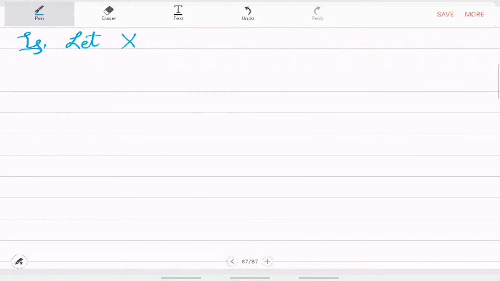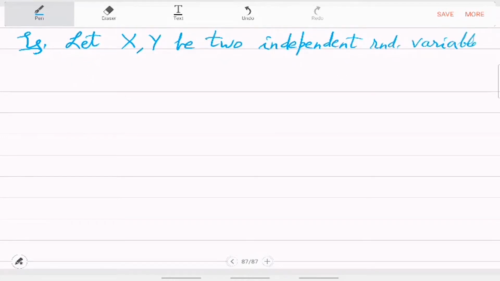So let X and Y be two independent random variables. Then what can you say about the collection X, Y, X plus Y, X minus Y?